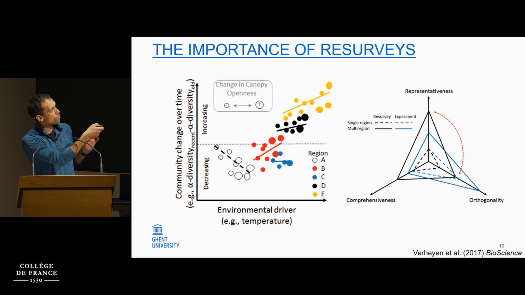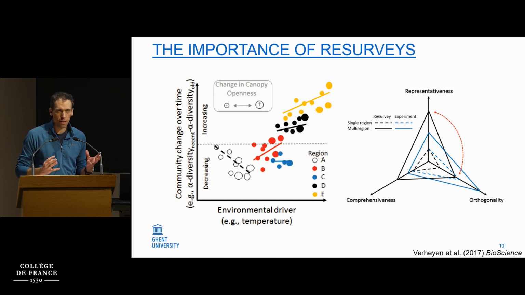And here we plotted changing canopy openness and changing temperature. So by combining plots from different regions across a large geographic area, these environmental drivers are not changing in the same way in all places. And by combining them, you can increase the orthogonality of the design.